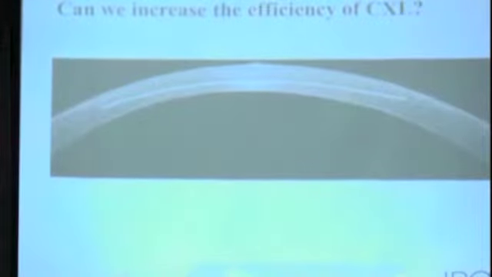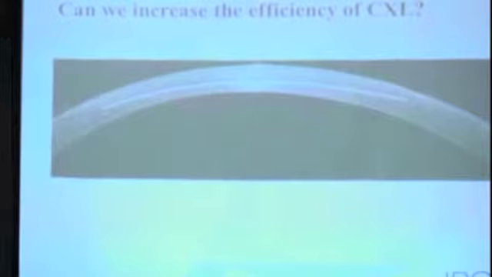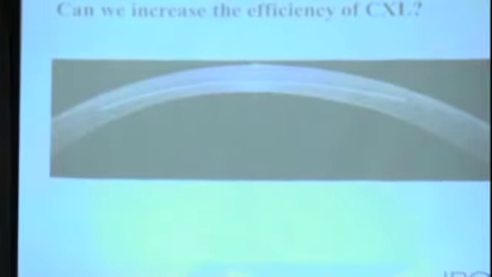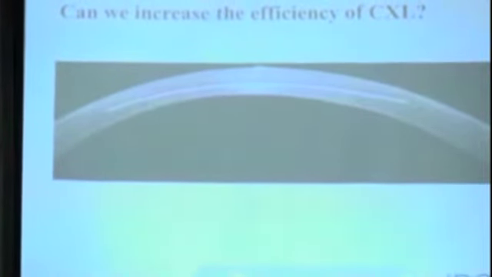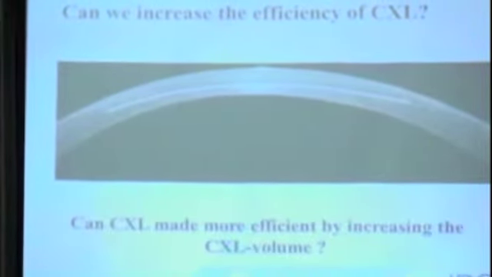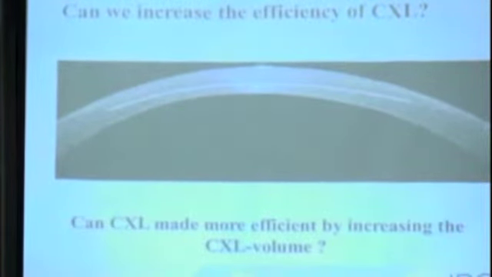Now, as we can see in this picture, in the center of the cornea we have a cross-linked thickness of about 300 micrometers, but in the periphery we have a less deep effect of cross-linking. This has to do with the first UVA devices that were irradiating. They had a homogeneous beam profile, where everywhere the same amount of energy was applied to the cornea.